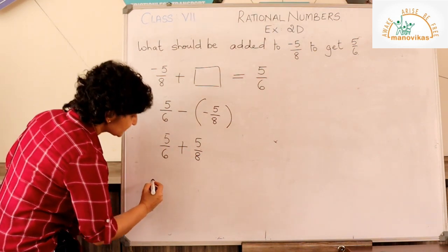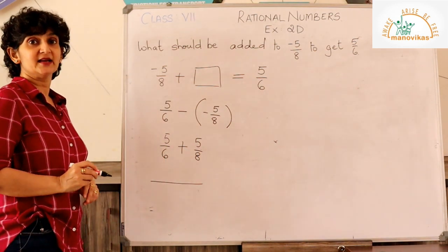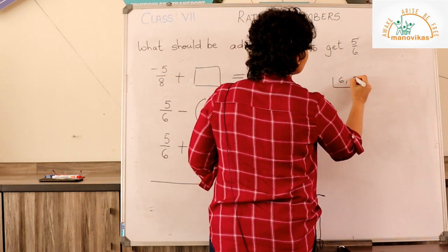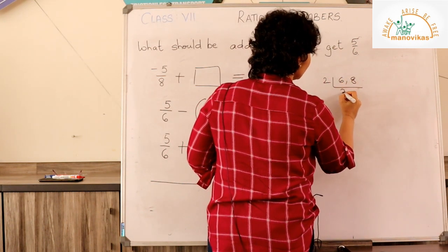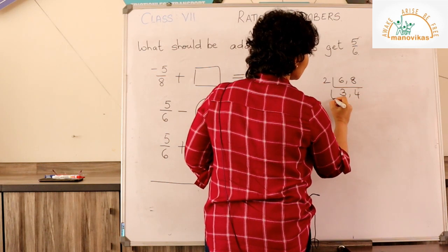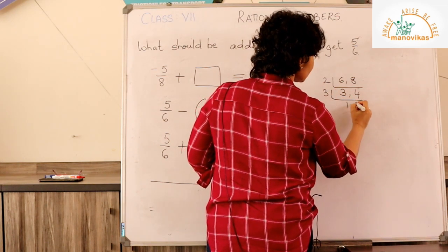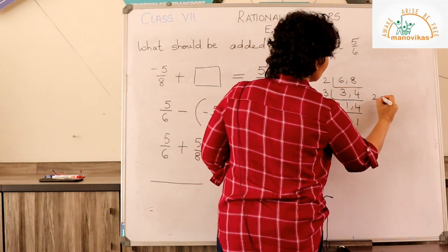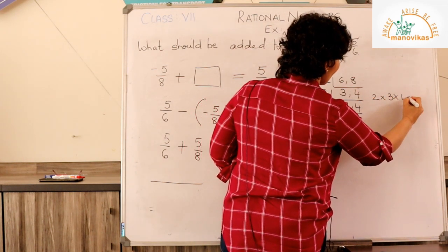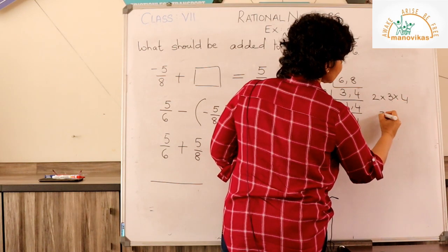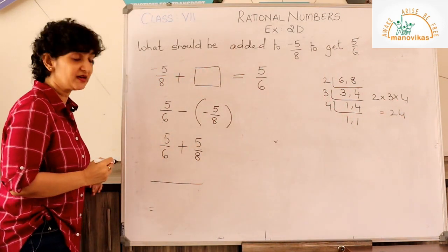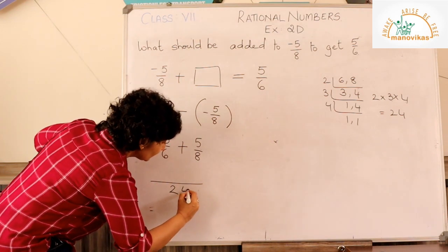Different denominators, I need to find the LCM. So the LCM of 6 and 8, table of 2. 2 3s are 6, 2 4s are 8, 3 goes 1 time and 4 goes 1 time. 2 into 3 into 4. 2 3s are 6, 6 4s are 24. So my LCM is 24.